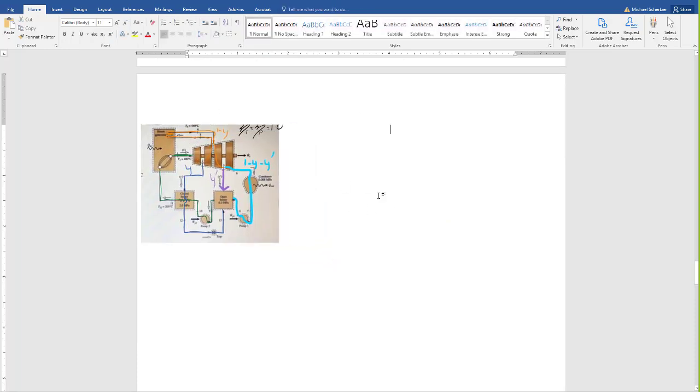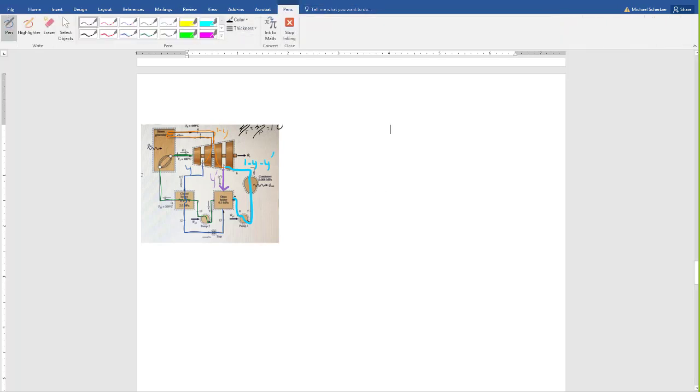I'm going to start with the open feed water heater. I know here that 0 is equal to the sum of m dot in h in minus the sum of m dot out h out.